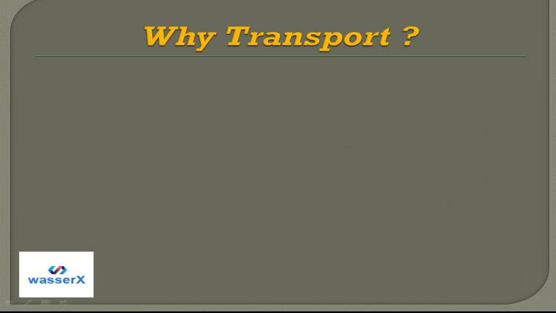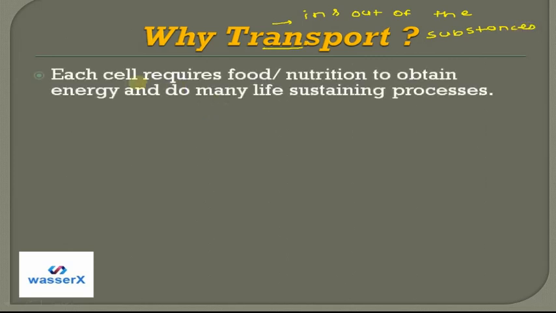Now let's see why transport is required and what is transport. So in simple language, transport is the movement in and out of substances from something. So we know that each cell requires either food or nutrition to obtain energy and do many life sustaining processes.